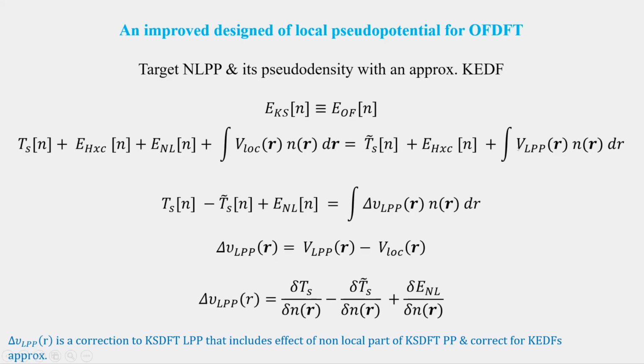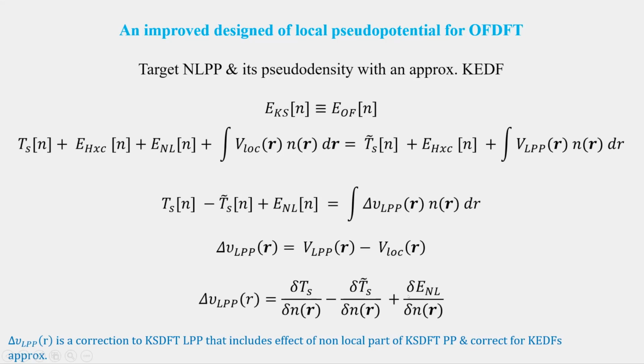Also, the local pseudopotential from orbital free DFT approximates the non-local plus the local pseudopotential from Kohn-Sham. When we invert this, we have this correction. In the correction, we find it captures the difference between the exact kinetic energy functional and the kinetic energy density functional.